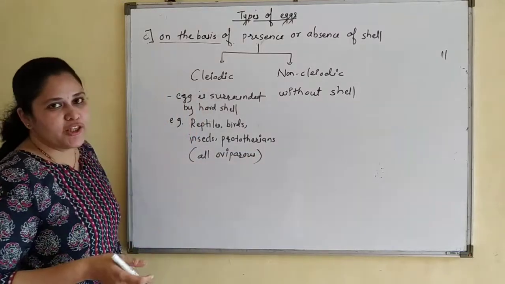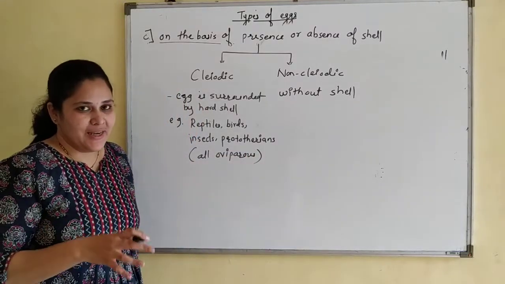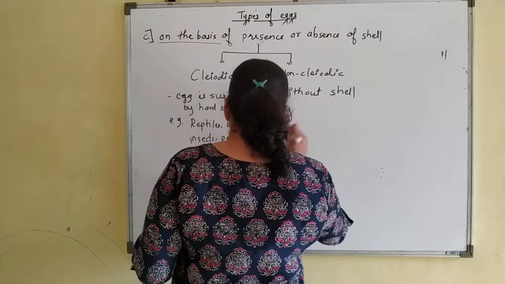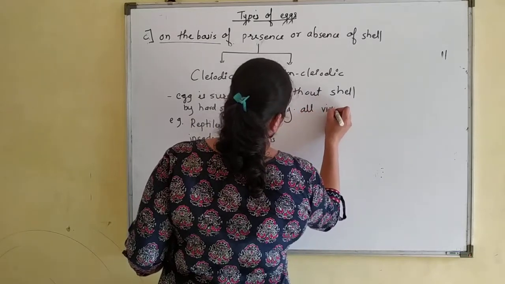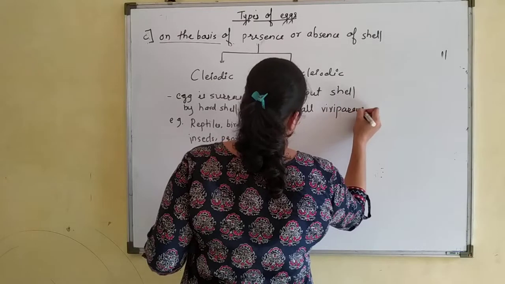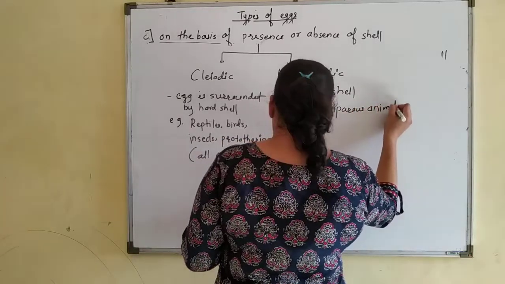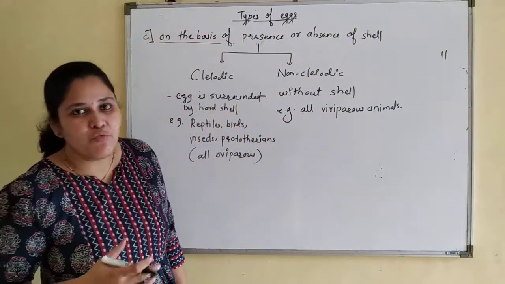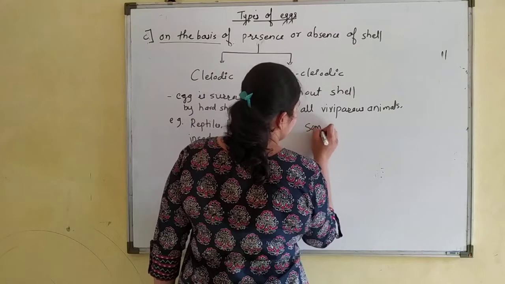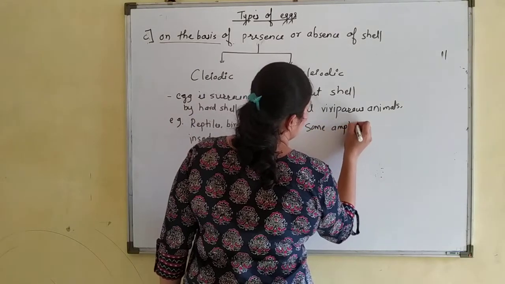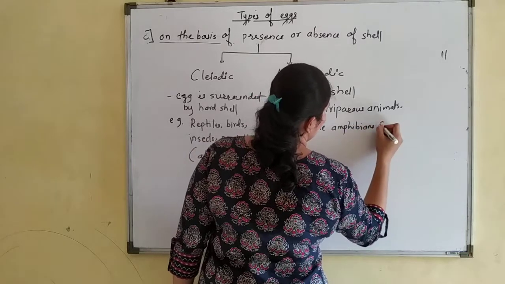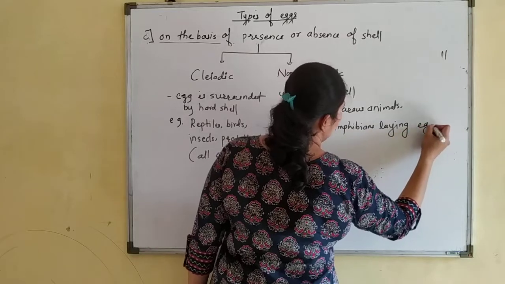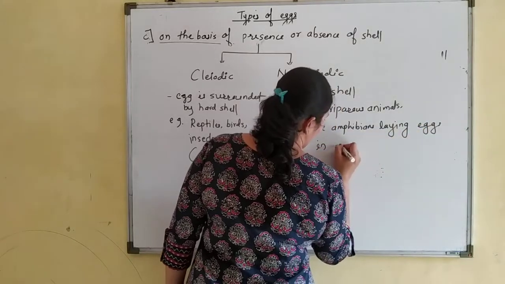And non-cleidoic means the egg is not surrounded by a hard shell. Examples: all viviparous animals, and some amphibians which lay eggs in water.